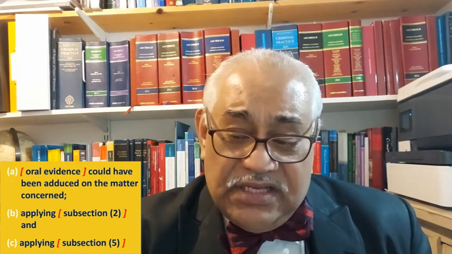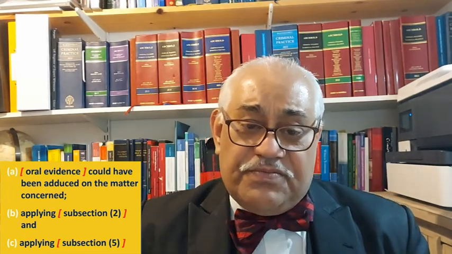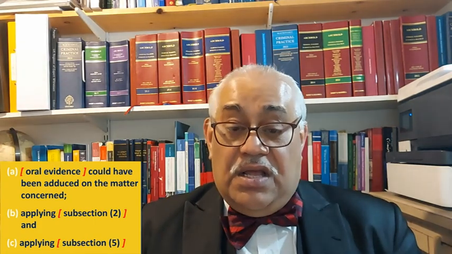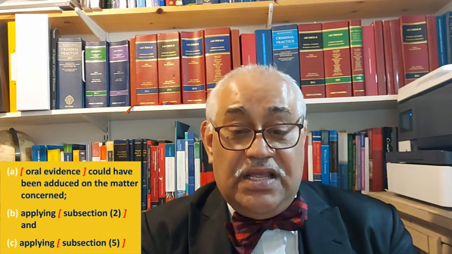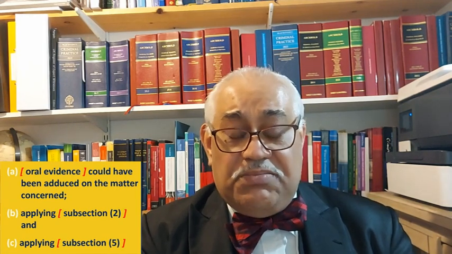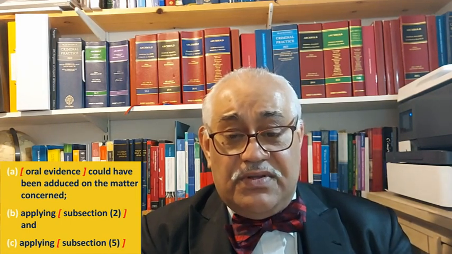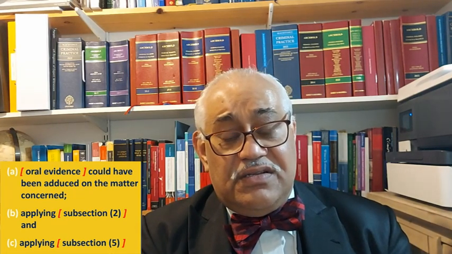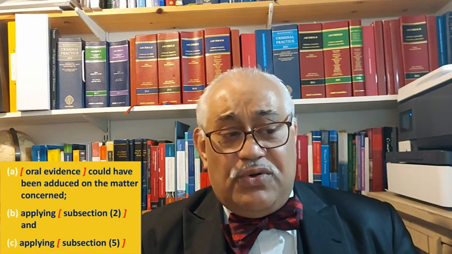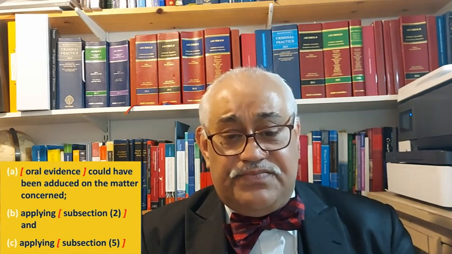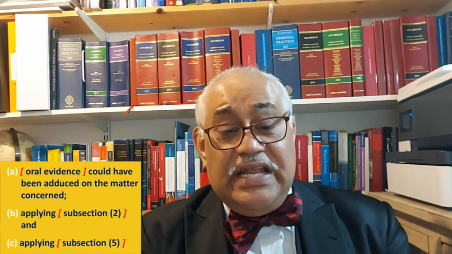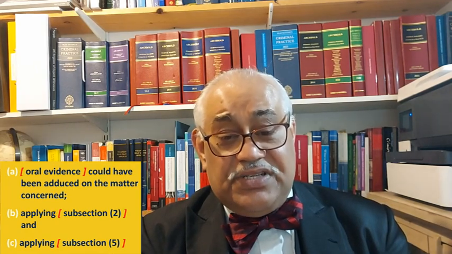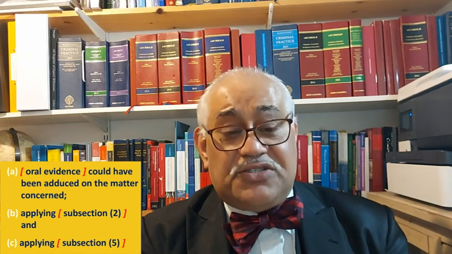There, Miss Robbins, who came to give evidence from the Benz company, was not able to give oral evidence as to where the car was first registered. Therefore, it didn't work. Then, applying subsection 2, subsection 5 has to be met.